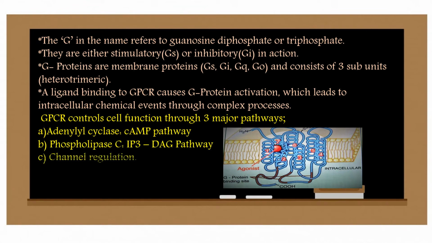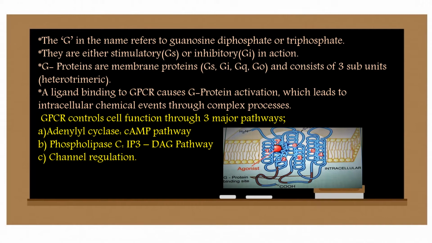The following figure shows the structure of a GPCR. It has 7 helices in its structure, so it is called a heptahelical receptor or serpentine receptor or metabotropic receptor. So a ligand that is binding to this GPCR causes G-protein activation, which leads to intracellular chemical events through a complex process.